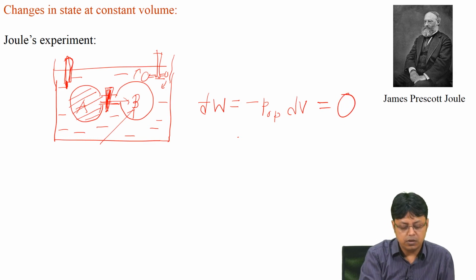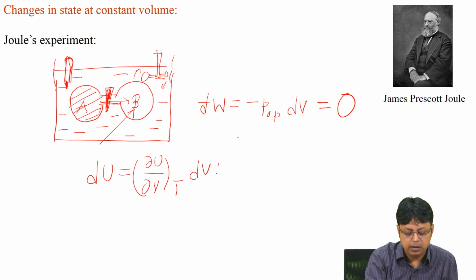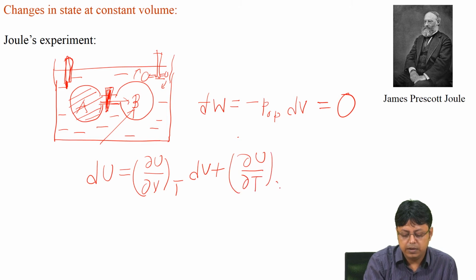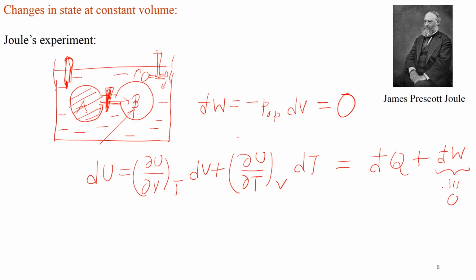So, now from the first law we can write dU, which is (del U del V)_T dV plus (del U del T)_V dT, which is nothing but d cross q plus d cross w, but we just said that d cross w is 0 in this case. The d cross q was also 0 because Joule observed no rise in temperature.